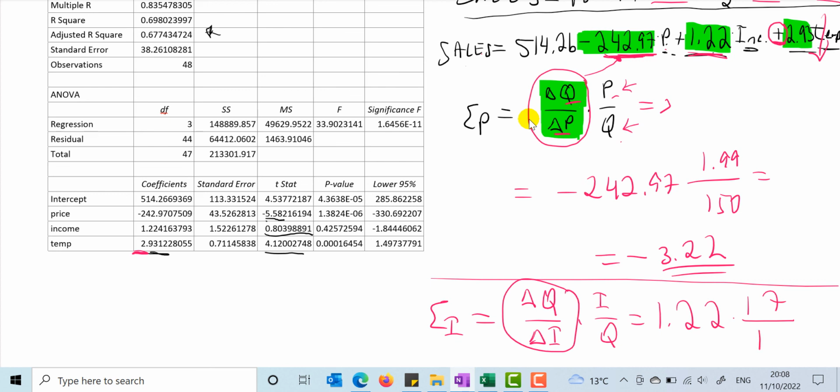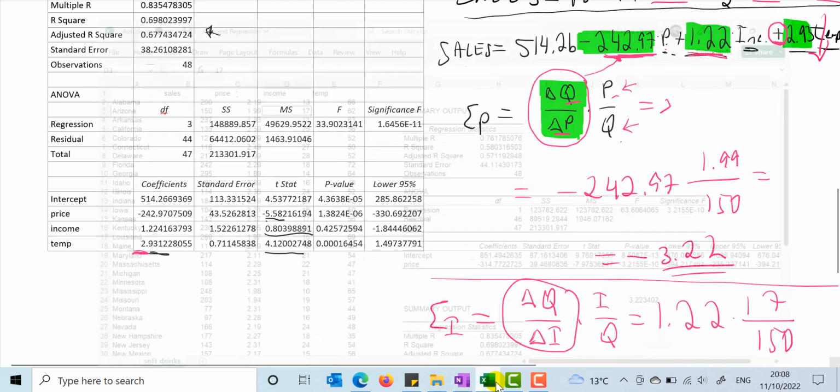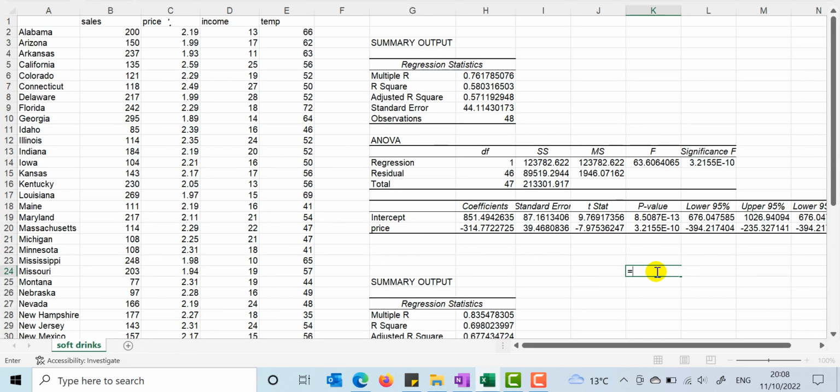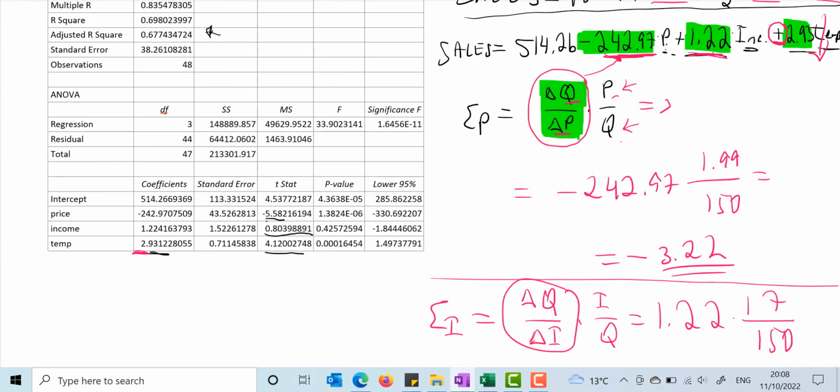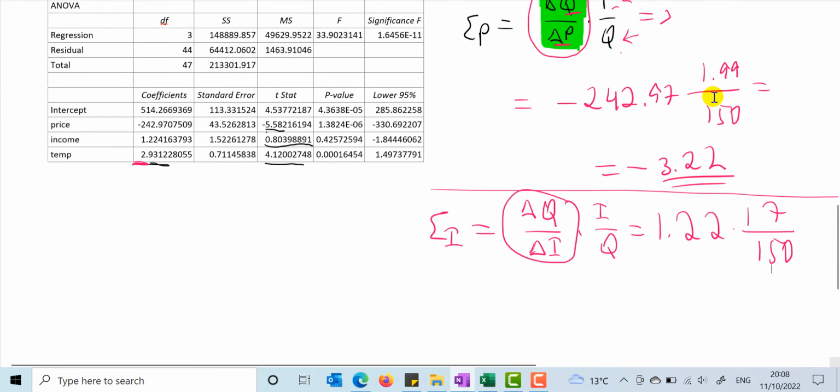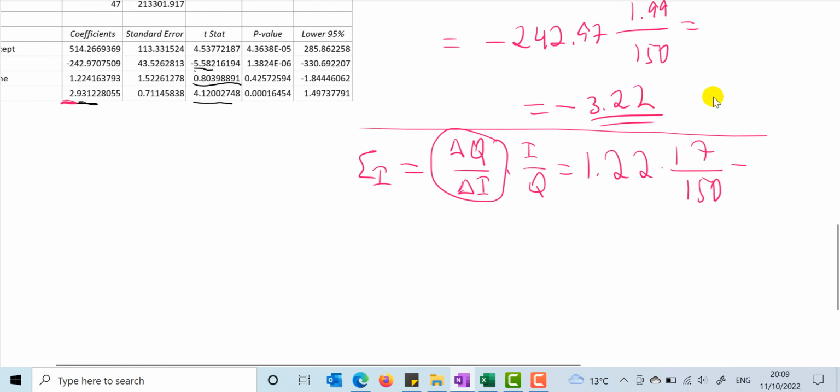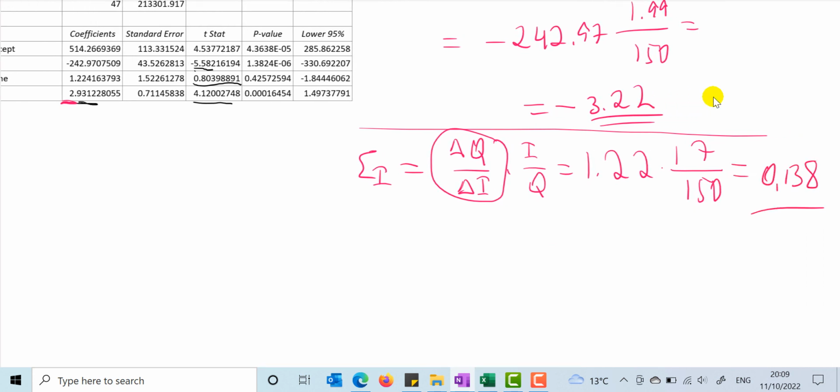So 1.22 times 17 over the quantity 150, and that is 0.138. So it's an inelastically demanded product with respect to income.